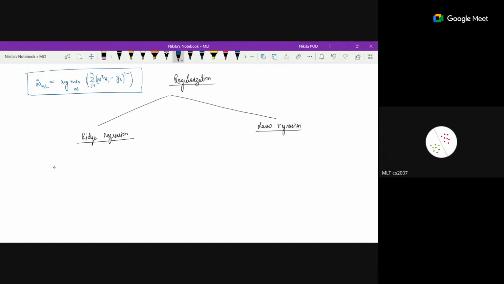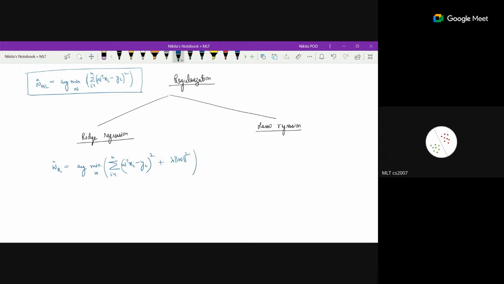Okay, so the ridge regression is that your W hat R, which denotes the ridge penalty, is given by argmin over W. Whatever you had in simple linear regression stays, which is W transpose Xi minus Yi whole square, i varying from 1 to n, plus there's a regularizer term that we add, which is given by lambda norm of W square.